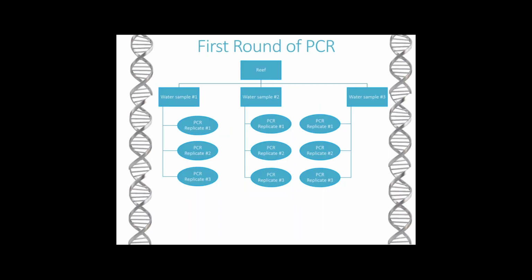So in terms of the schematics, what we did, we went to each reef, we took 3 water samples, extracted the DNA, then from those 3 water samples, we amplified 3 separate replicates for each one. So we had 9 PCR replicates for the 3 water samples from each reef.